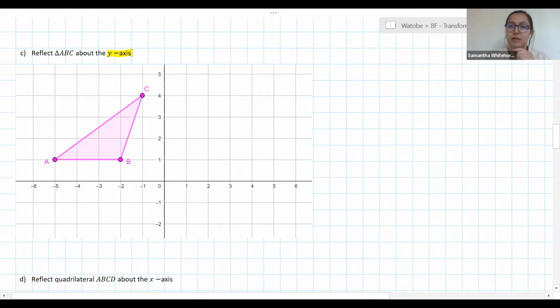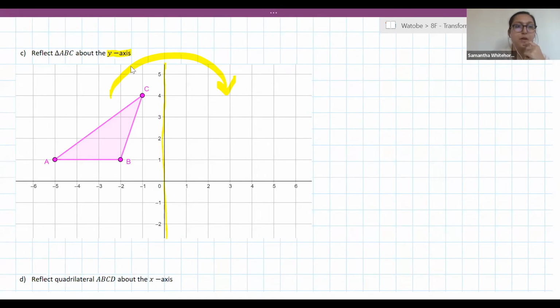Now, that just means my y-axis is my mirror. And so what I want to do is reflect the shape and create its mirror image across the y-axis. Now what we need to remember is that the mirror image that we create must be the same distance away from the line of reflection as the original.